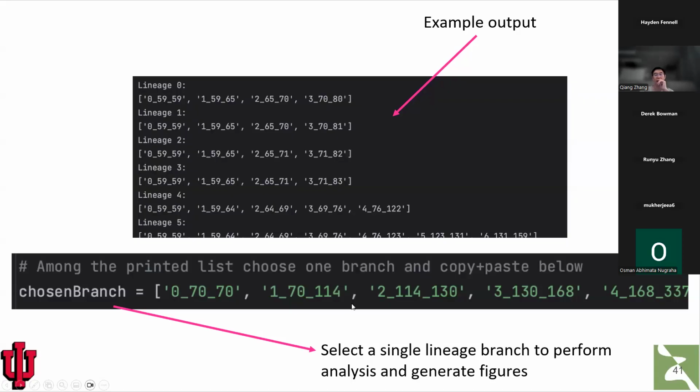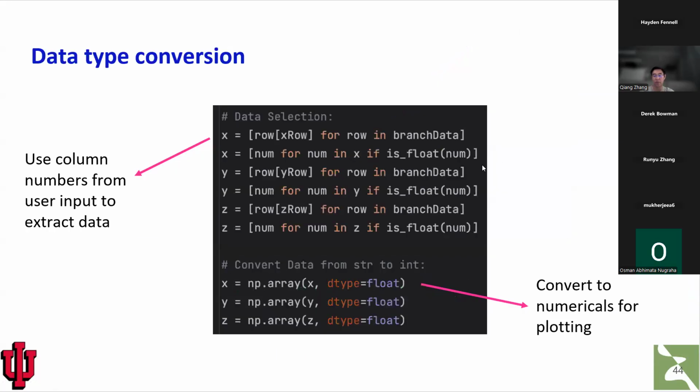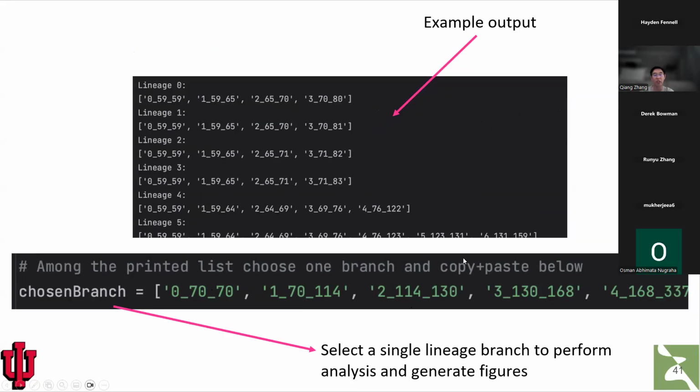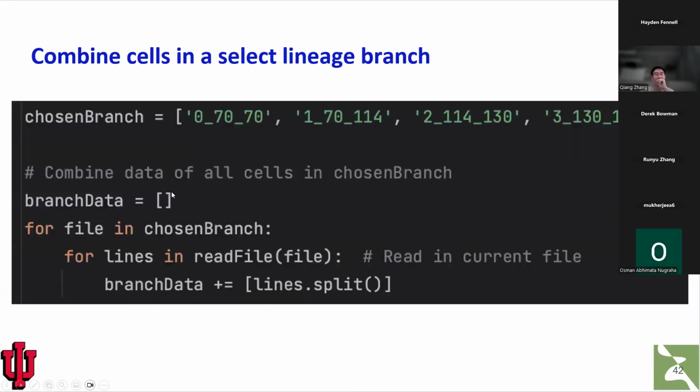Okay, and then the next thing you can do is pick a lineage you're interested in and do further analysis for that single lineage branch. Once you pick a branch, the next thing that's done is to combine all the cells in that lineage.